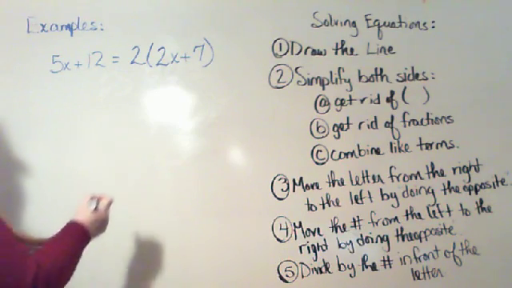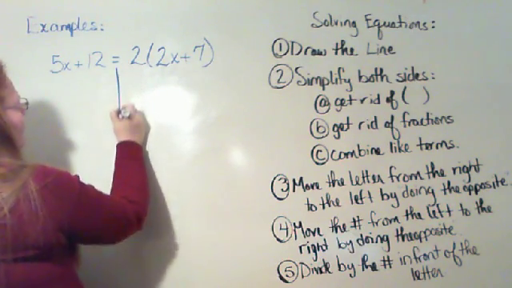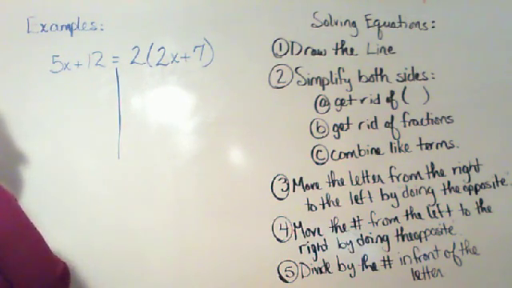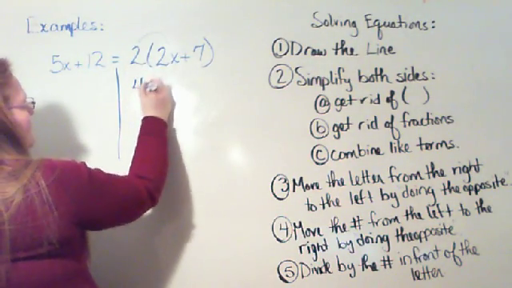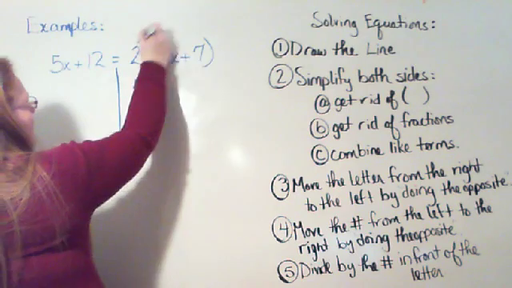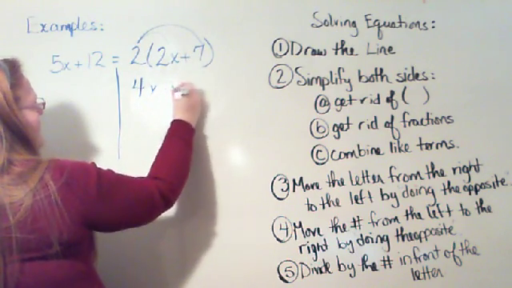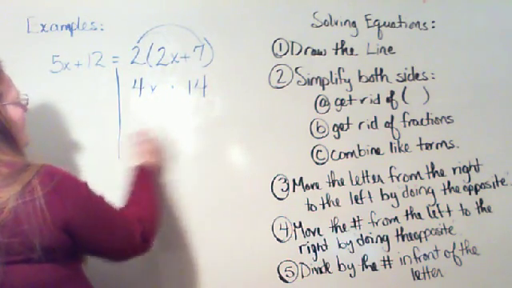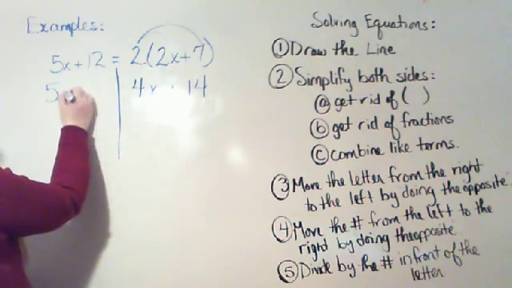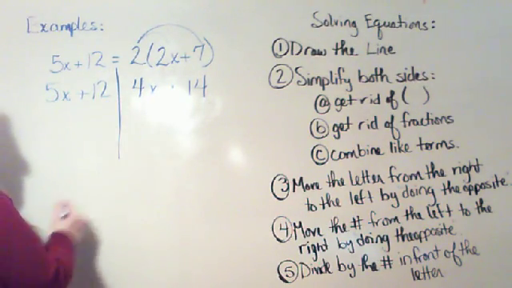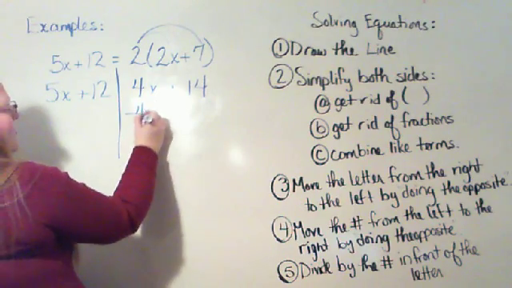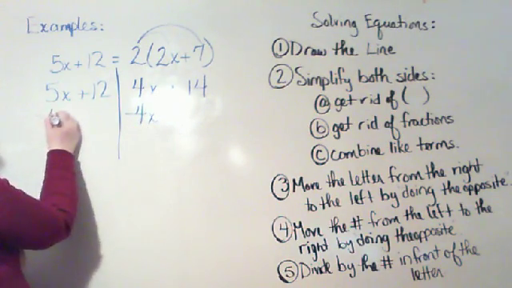Okay, let's see how you did. I hope you said 2 times 2 is 4x, and then 2 times 7 is 14. Over here we still have the 5x plus 12. Then I hope you said minus 4x and minus 4x.